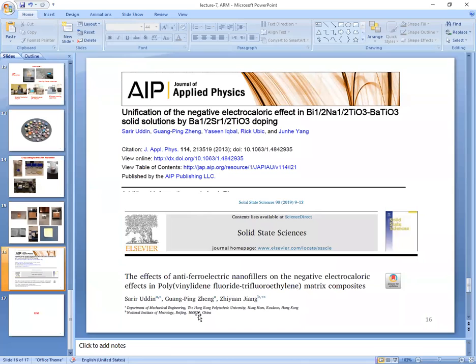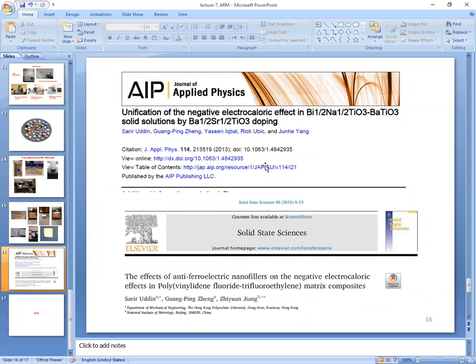So this paper is available. You can see this was published last year in 2019 in Solid State Sciences, a very famous Elsevier journal. And this paper was published in 2013, on the modification of negative electrocaloric effect in bismuth sodium titanate barium titanate solid solution by barium strontium titanate doping. This is basically based on the sol-gel method.